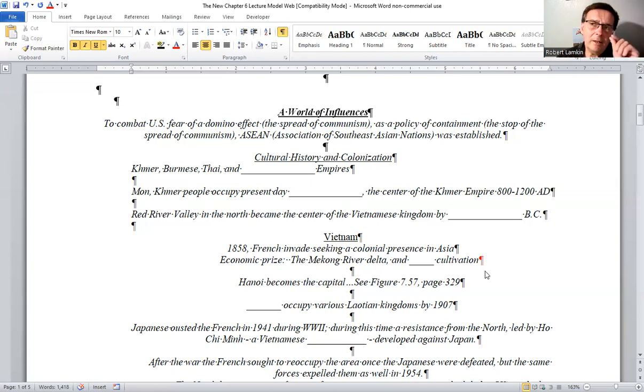Say one more thing here as a setup. Malaysia and Singapore are your more developed countries of Southeast Asia, whereas Cambodia and Myanmar are among the LDCs, the less developed countries.